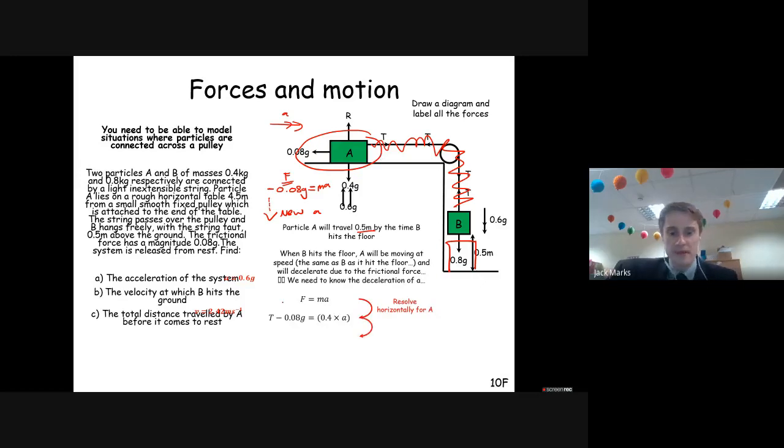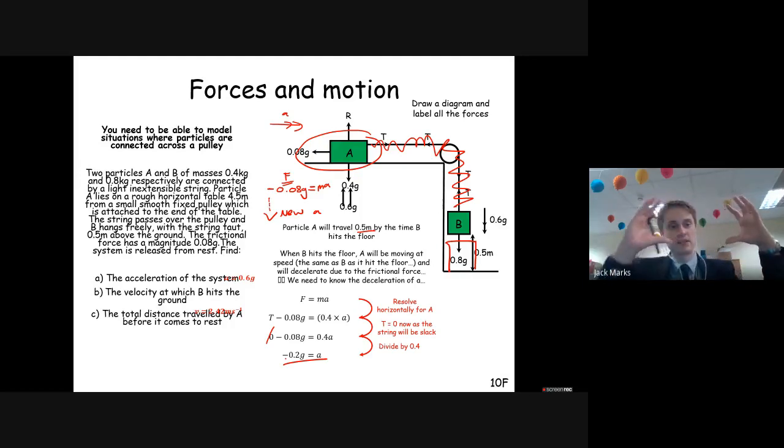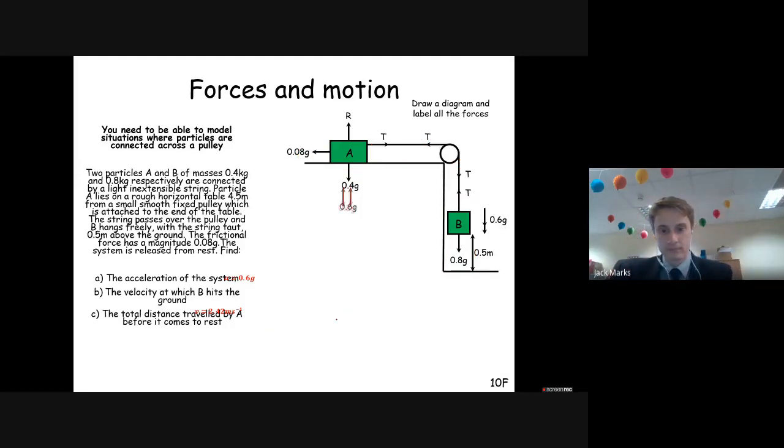So we do F equals ma again, but T is now 0, so it's gone because the line is slack. This will give you an acceleration, and that acceleration is negative. That means the block is going to slow down, it's going to stop. So for the second part of the question, after the 0.5, that's kind of the first part of the question.